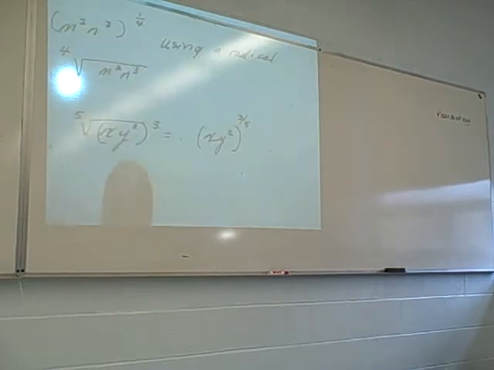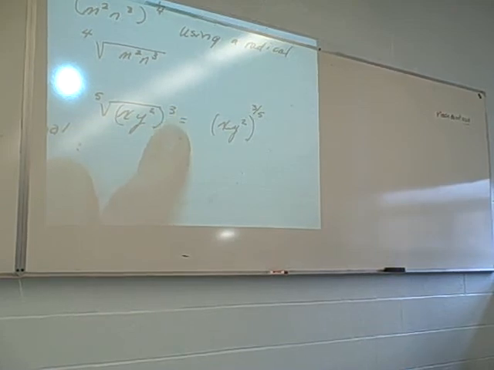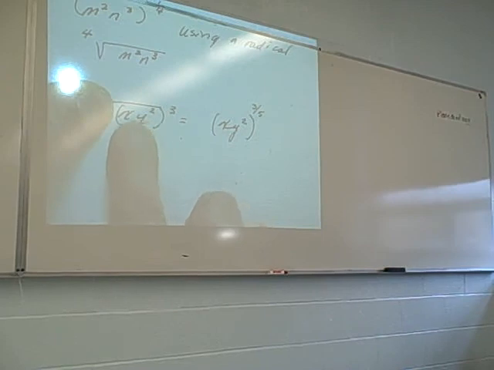In this particular one, the y is squared, but this whole term will be cubed. So you can only move that exponent over if it applies to everything that would be inside the radical.